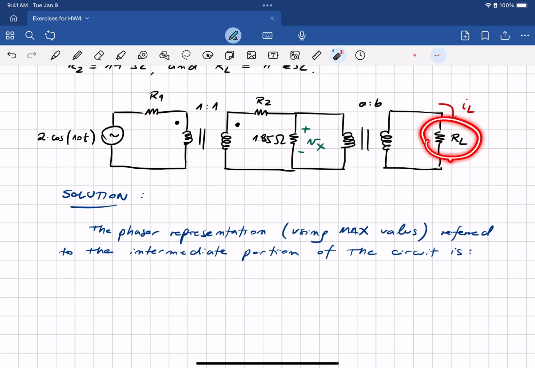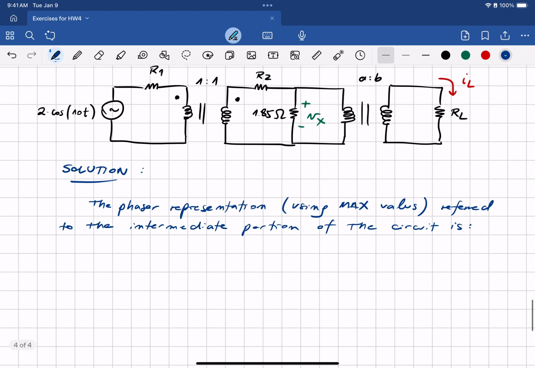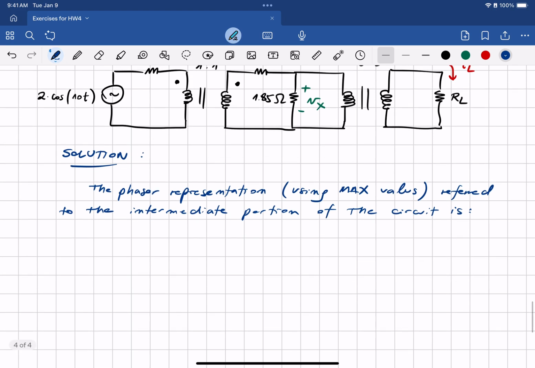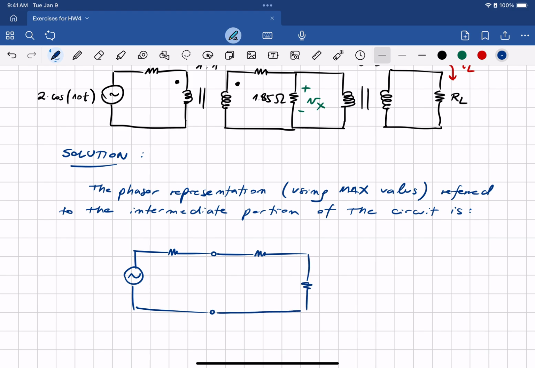However, when we want to move this to the other side, then of course we need to consider this ratio here. So we're going to have another resistor, we have V, and then we have the load.